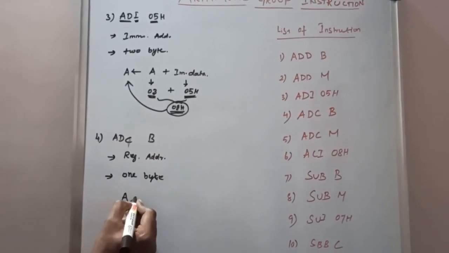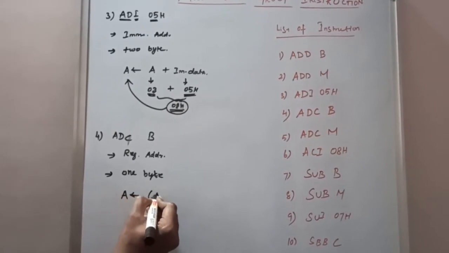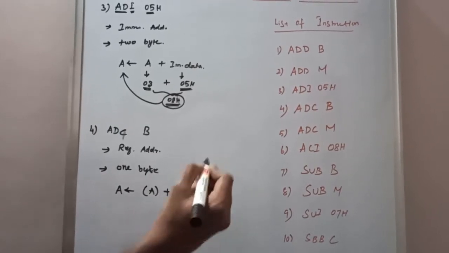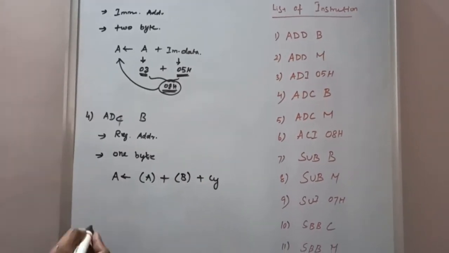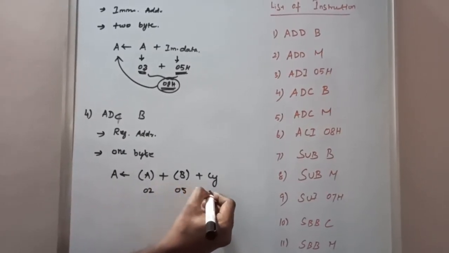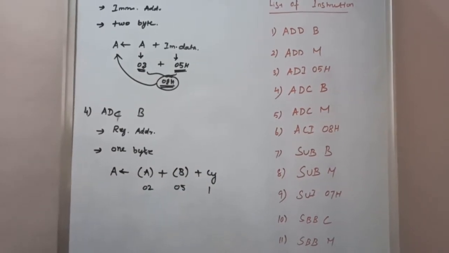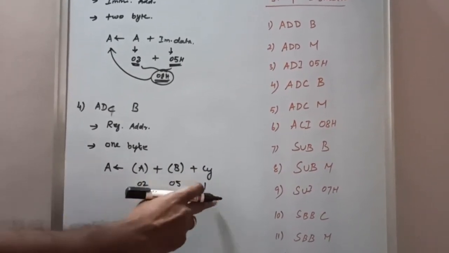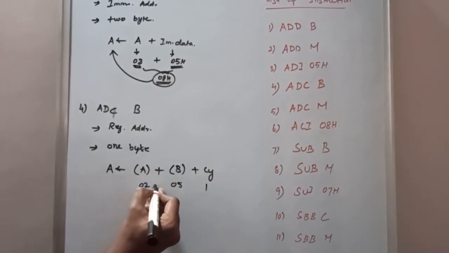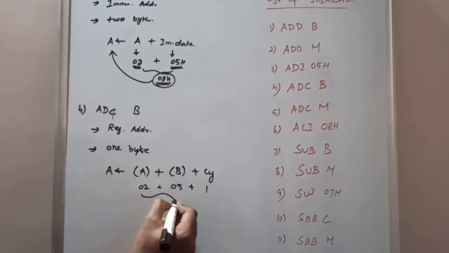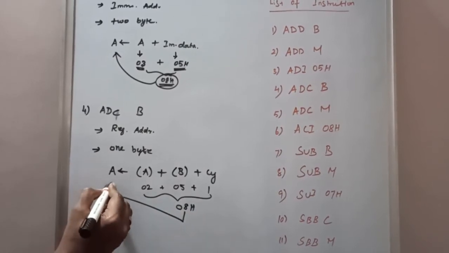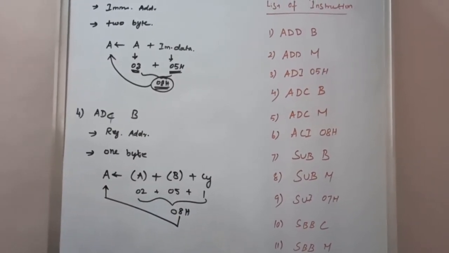The function takes the A value, the B register value, then the carry value. Let us consider the register values 02 and 05, and the carry value is also 1. Adding the 3 values, 2 plus 5 plus 1, you get the final result 08H. This value is passed to the accumulator.